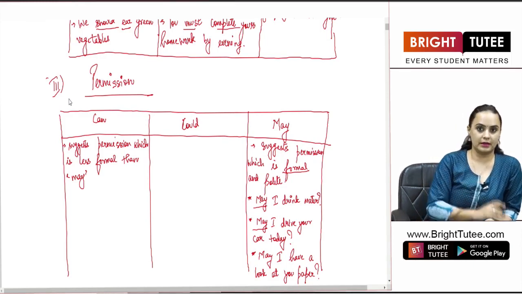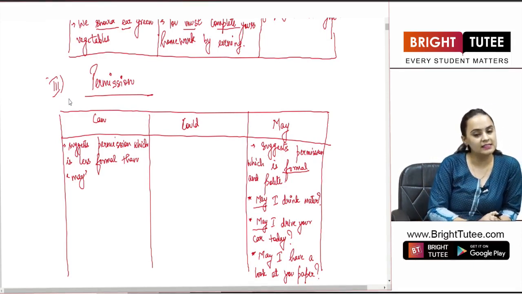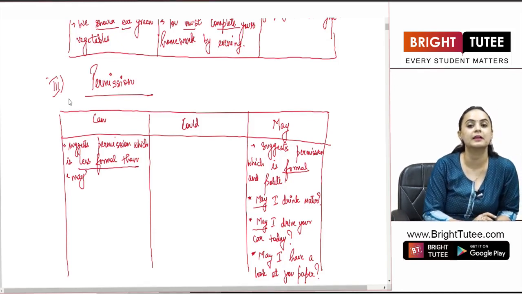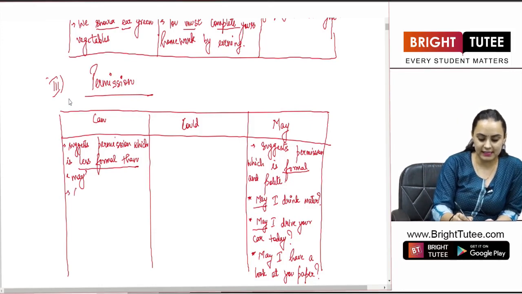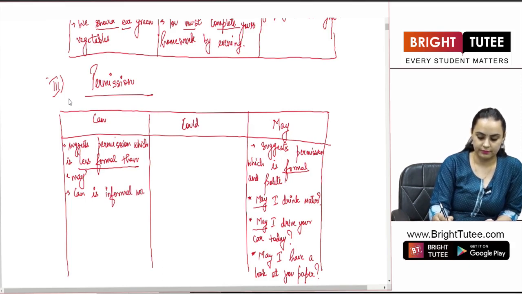On the other hand, can again suggests permission, but it is less formal than may. So we can say that can is an informal way of taking permission.